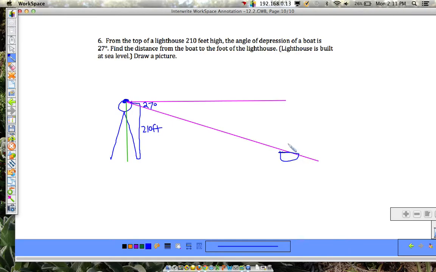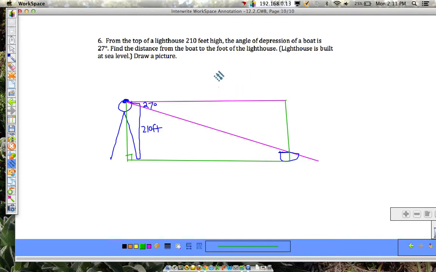Okay, so now we want to know what is going to be this distance right here. How far away is the boat? I could also draw my triangle like this. No, I'm just going to confuse you all. Oops. We'll connect it here. Now I could also draw my boat like this. And I would know if these are parallel lines, this angle is also 27 degrees right here.